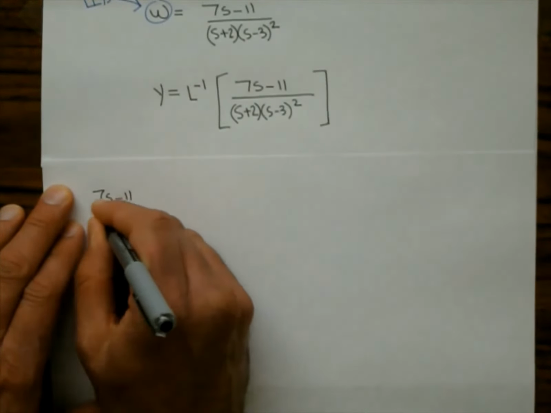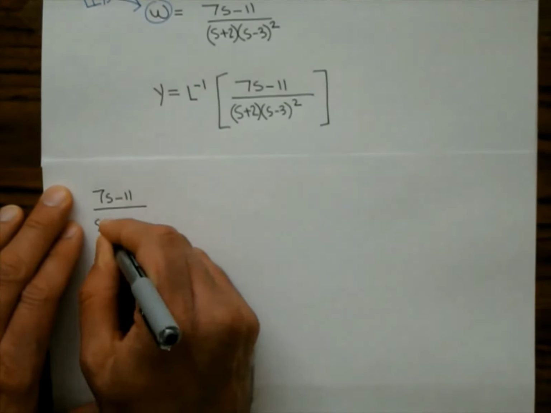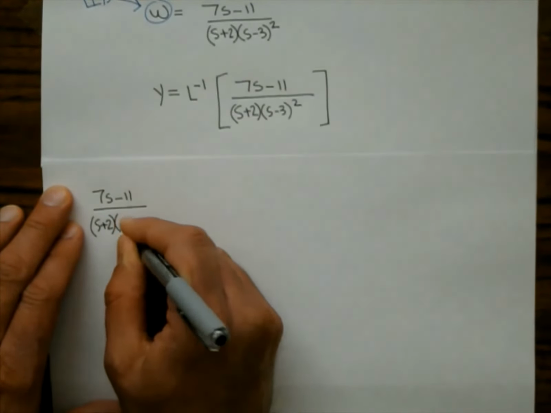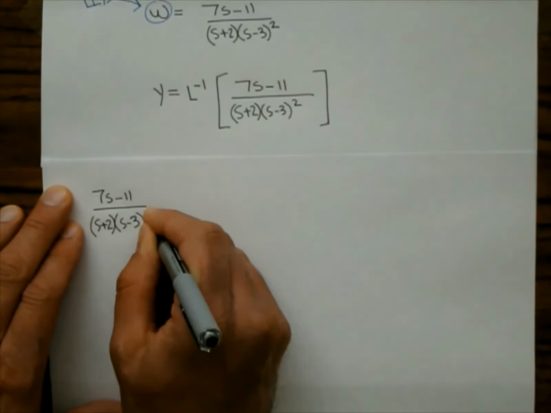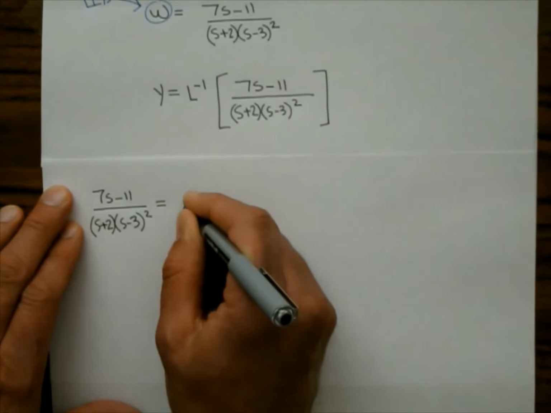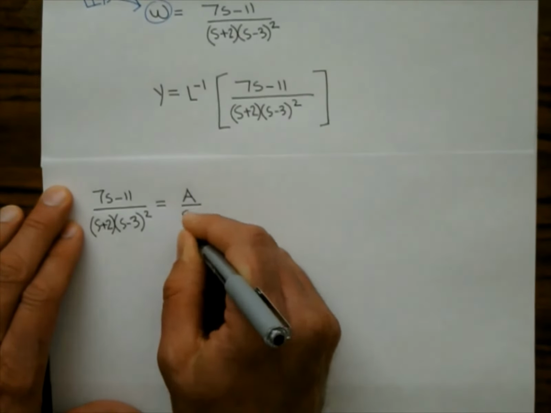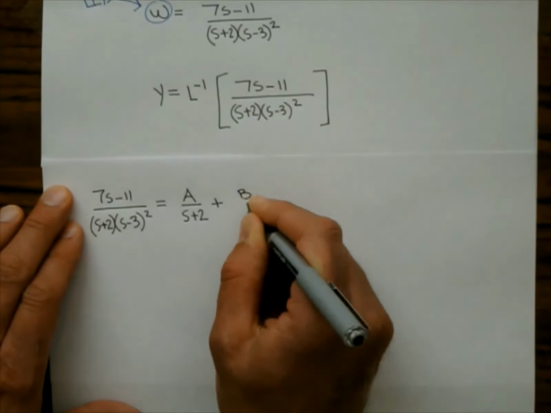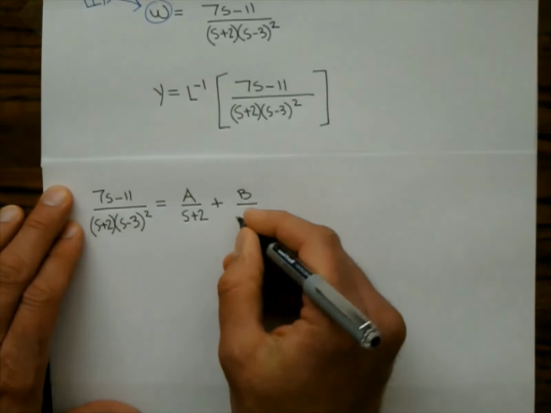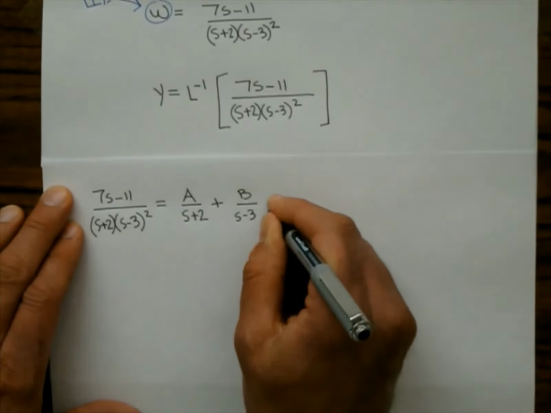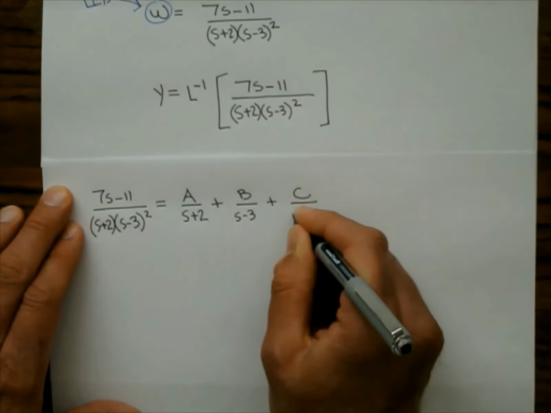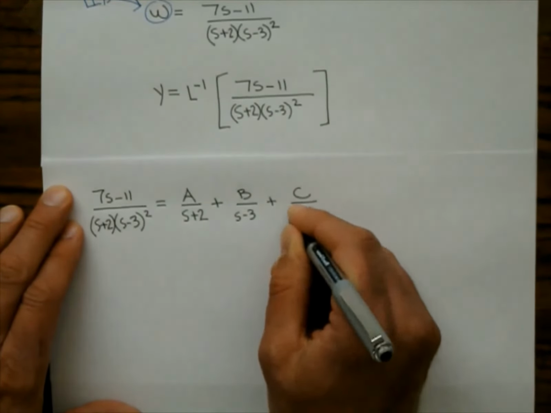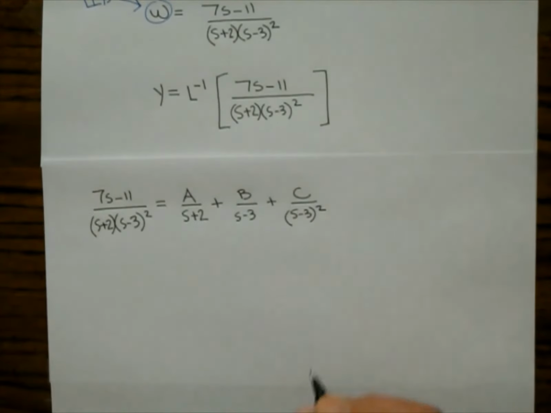7s minus 11 all over s plus 2, s minus 3 quantity squared. This equals a over s plus 2 plus b over s minus 3, plus c over s minus 3 quantity squared.